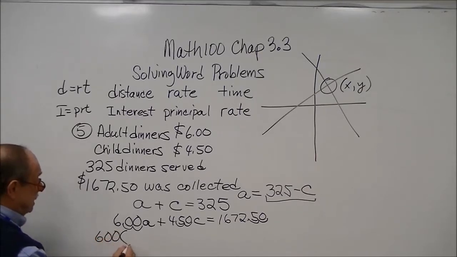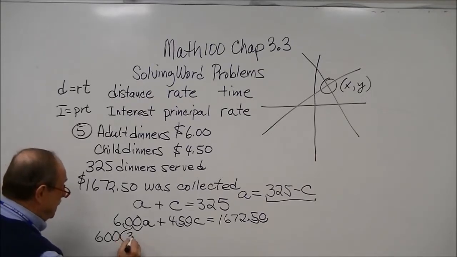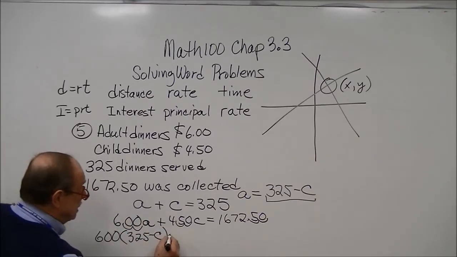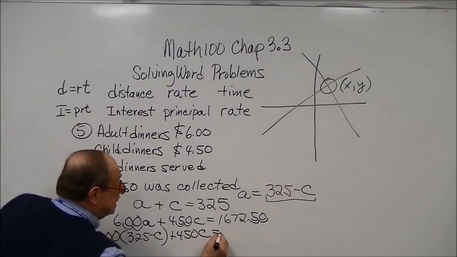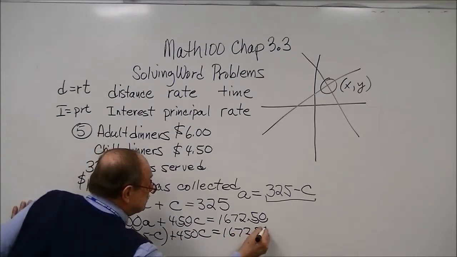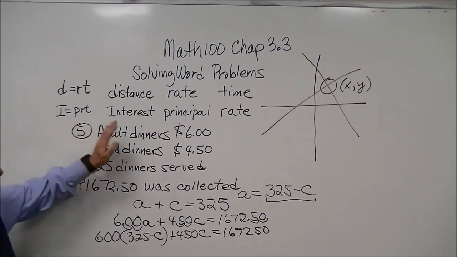600 times, let's put a 3 there, 325 minus C. And then now the A is gone, plus 450C equals, now, I'm not going to solve this all the way.